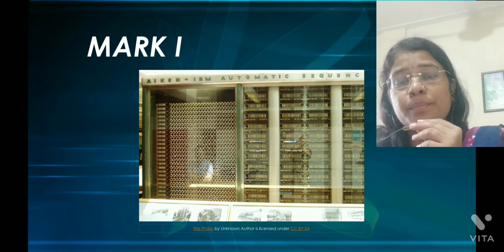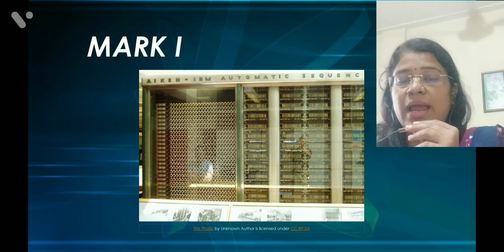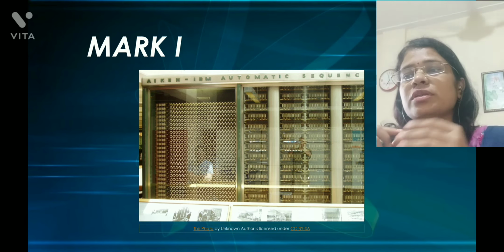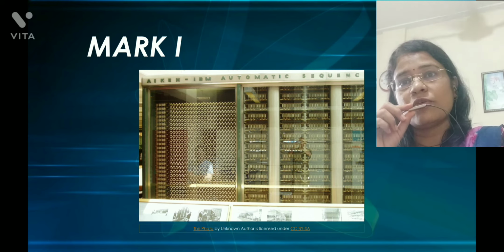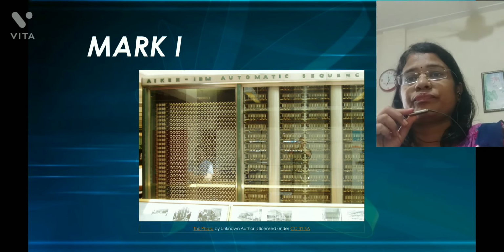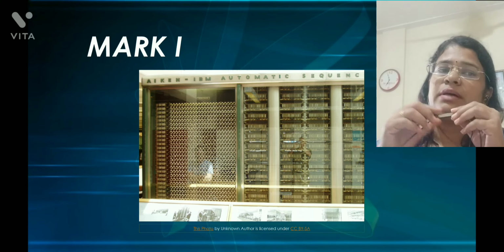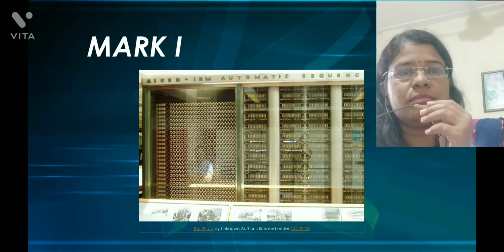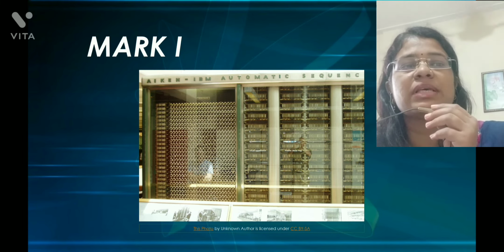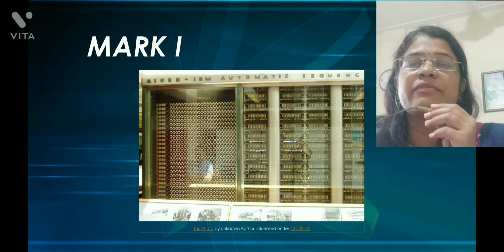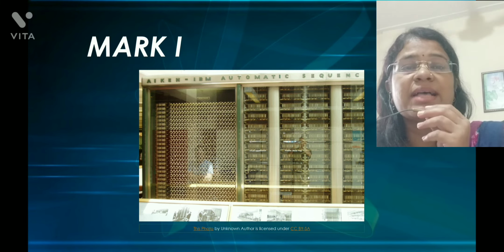It was a very big electromechanical machine, and it could do a number of calculations in a very short time span. After that a new device was invented, named ENIAC.